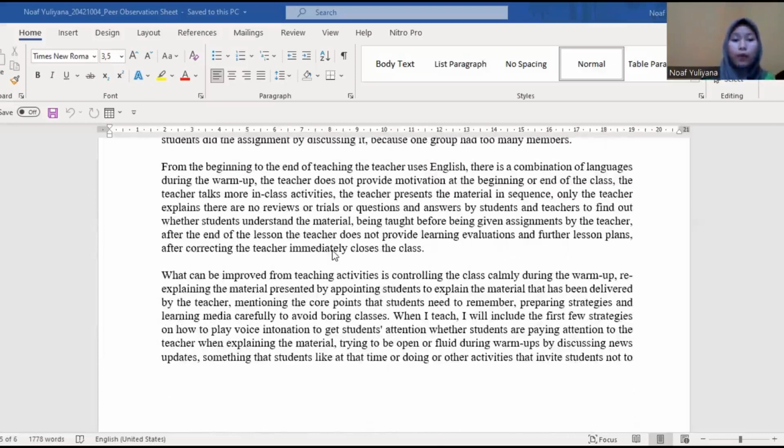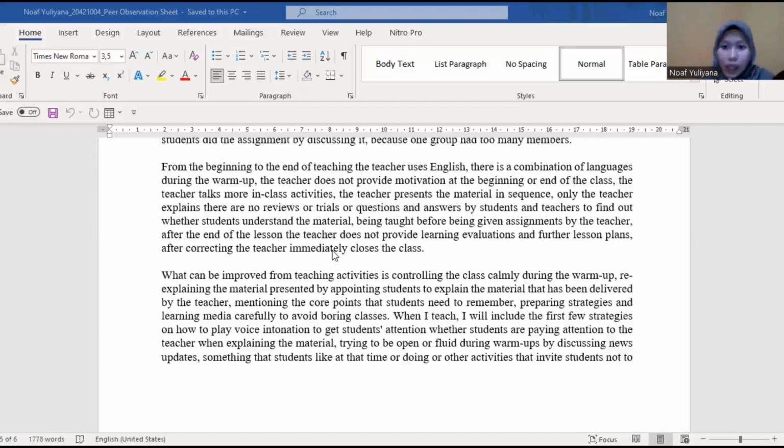What can be improved from the teaching activities is controlling the class calmly. During the warm-up, explaining the material by appointing students to explain the material that has been delivered by the teacher. Mentioning the core points that students need to remember, and preparing strategies and learning media carefully to avoid boring classes.